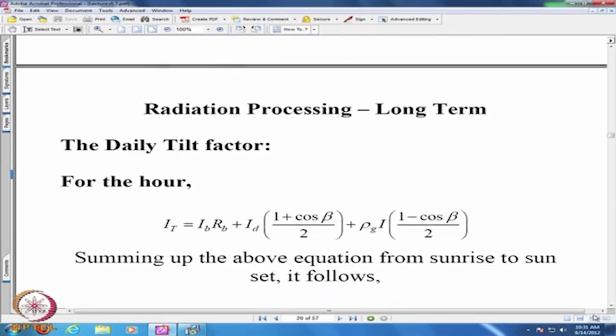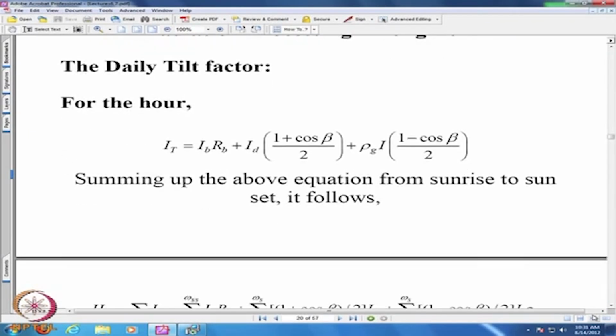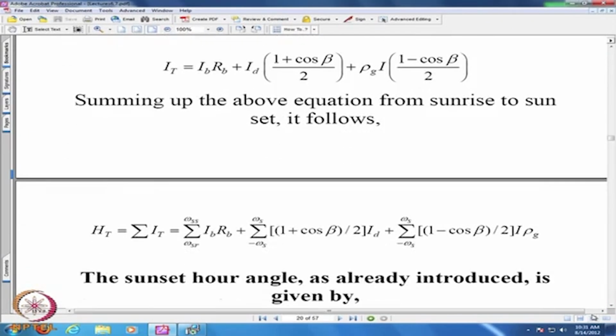This is for the hour, which we have already stated, and if we sum up from sunrise to the sunset, this is what we will get, which we designate by H t, the solar radiation received by the tilted surface over the day, as the summation of the hourly components, which comprises the summation of the direct radiation plus the summation of the sky diffuse component plus the summation of the ground reflected component.